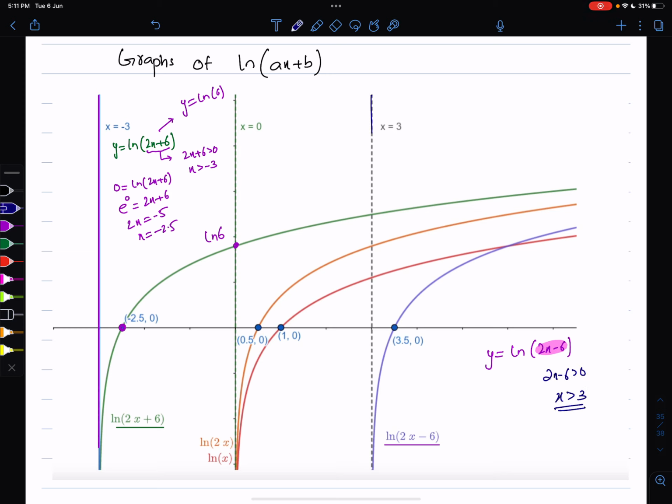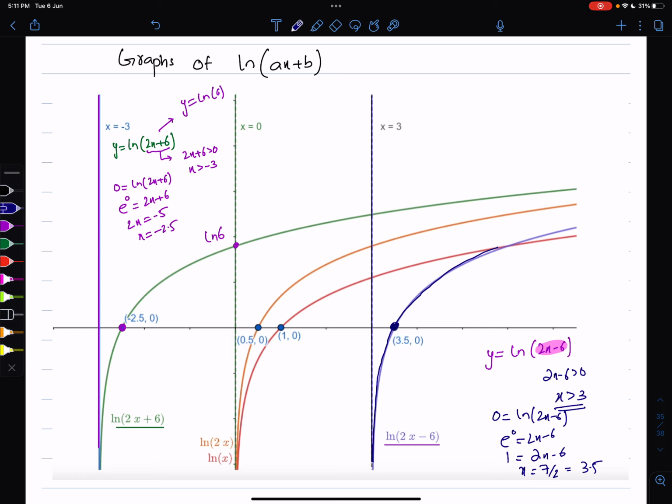To find the x-intercept, you are going to substitute y as 0 in the equation. So e to the power of 0 is equal to 2x minus 6, 1 equals 2x minus 6, x equals 7 upon 2, that is 3.5. So the x-intercept comes out to be 3.5, and this function will not have any y-intercept.